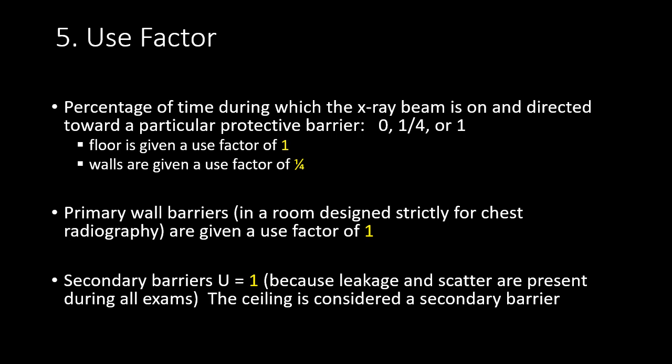Walls are given a use factor of 1/4 because they're not always used, but they're used quite a bit. Primary wall barriers in a room designated for just chest fluoroscopy are given a use factor of 1. And secondary barriers are given a use factor of 1 because leakage and scatter are present during all exams. And the ceiling is considered a secondary barrier.